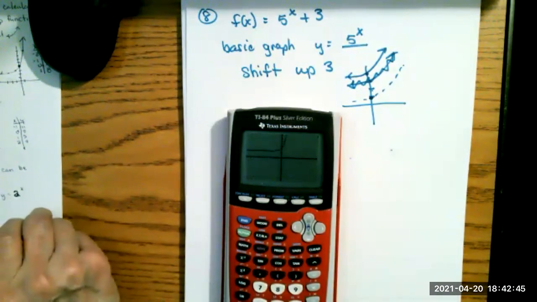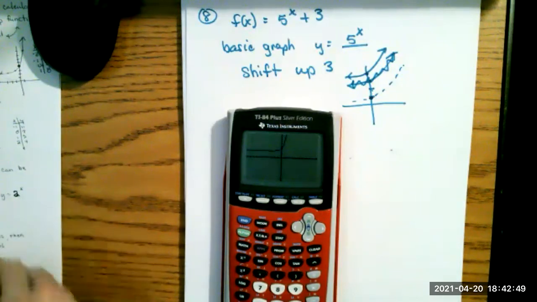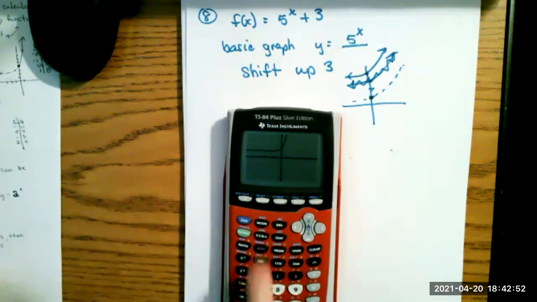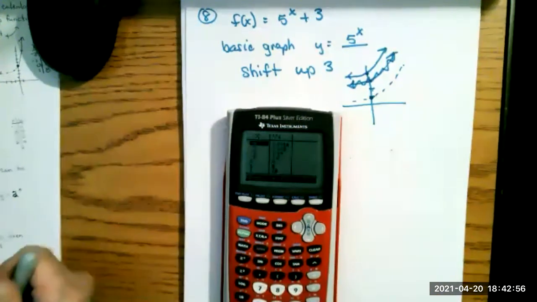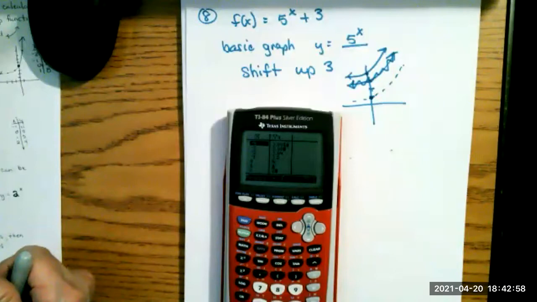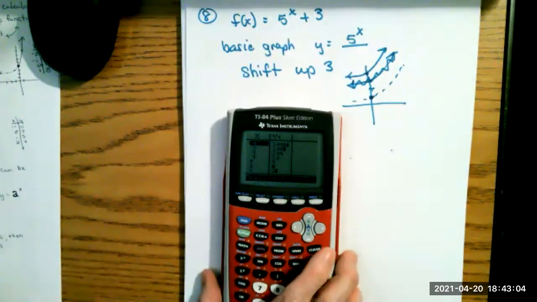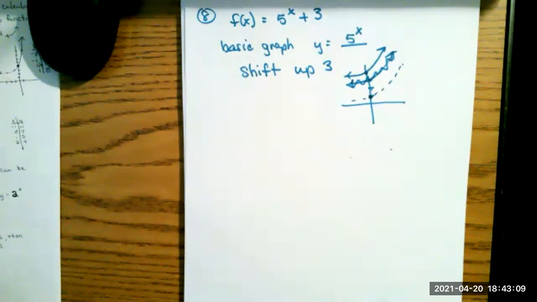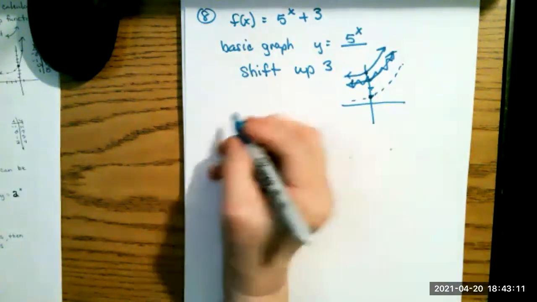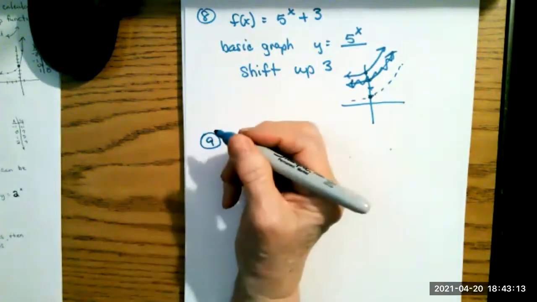It'll make it a shift to the left instead of up. Okay, now let's check our points out here. Second, in the table. See, I would have caught it because at 0, what does it say? It says 4, and that would be a shift of 3 up from the 0, 1 spot. Good deal. Okay.